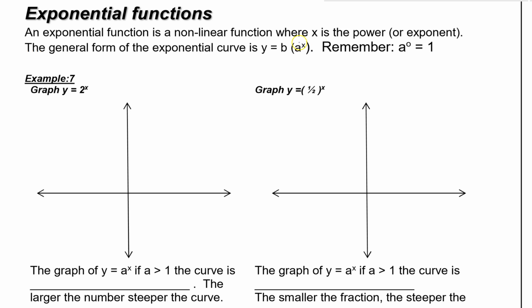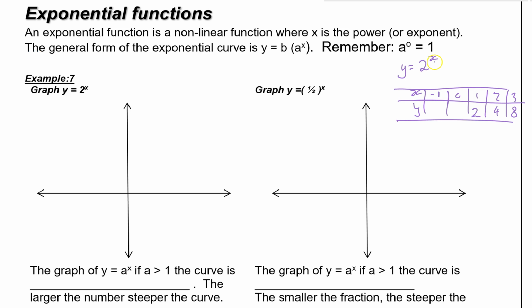Think about what happens if I graph, let's say, y equals 2 to the power of x, for various values of x and y. A little table of values: if x equals -1, 0, 1, 2, and 3. 2 to the power of 2 equals 4, 2 to the power of 3 equals 8, 2 to the power of 1 is 2.